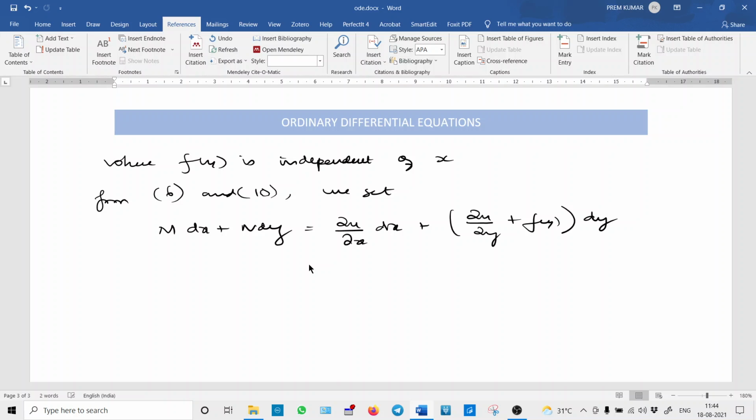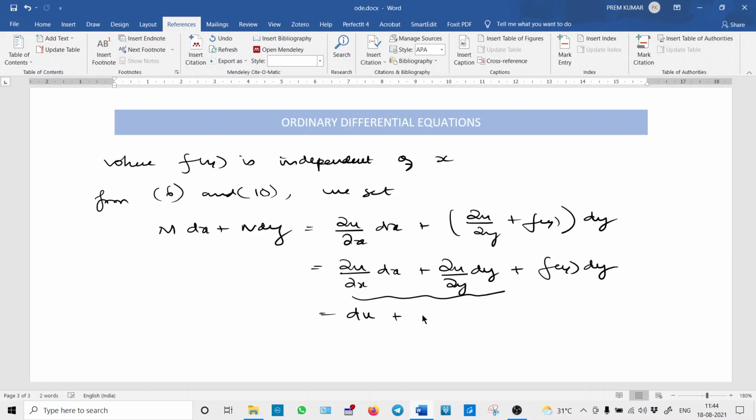So ∂u/∂x into dx plus ∂u/∂y into dy plus f of y into dy. So what is this? This is nothing but the total differential of u. You can see the definition I gave in the beginning. So f of y dy. The left hand side is M dx plus N dy.